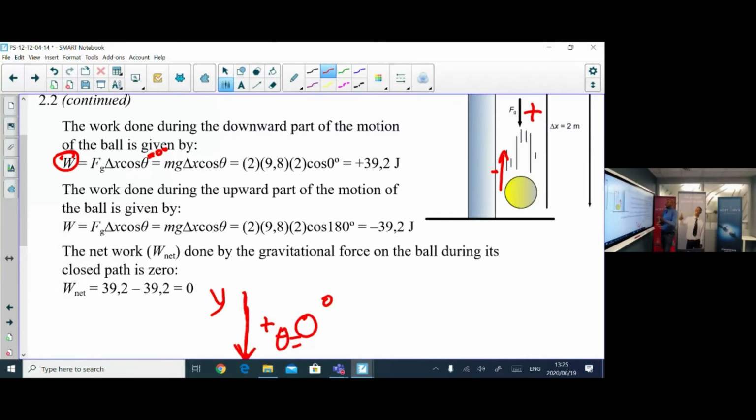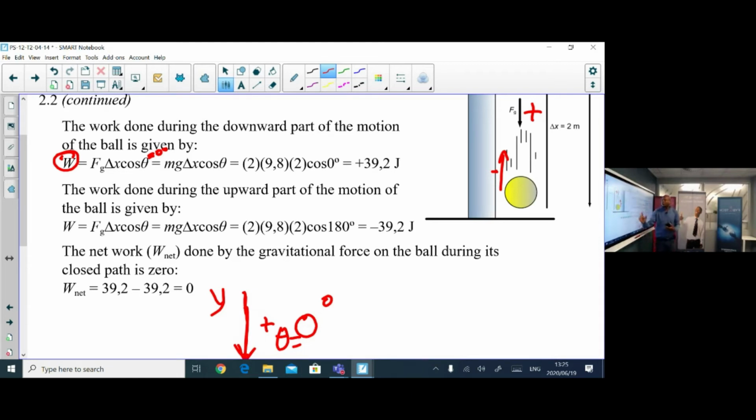Because we chose that, that is why we have a positive here. Don't be confused. Where is it coming from? It's because you have chosen that downward motion is positive. That is 39.2.